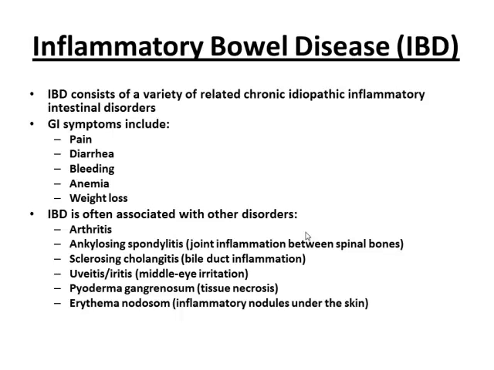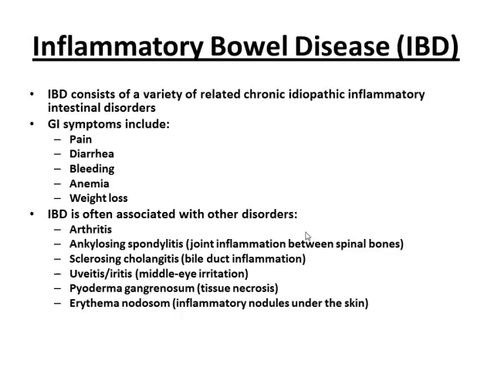These disorders are often associated with other disorders, things like arthritis, joint inflammation in the spinal bones, sclerosing cholangitis, which is bile duct inflammation, uveitis, tissue necrosis, and erythema nodosum, which is inflammatory nodules under the skin.